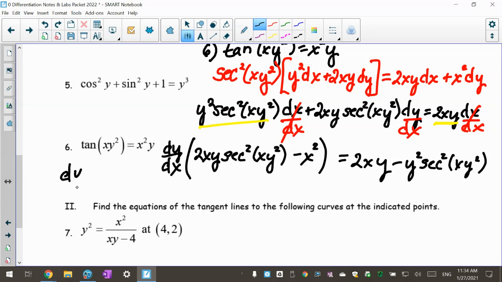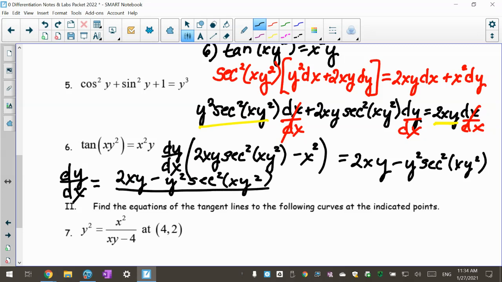So dy dx of number 6 is going to equal 2xy minus y squared secant squared x y squared all over 2xy secant squared x y squared minus x squared.